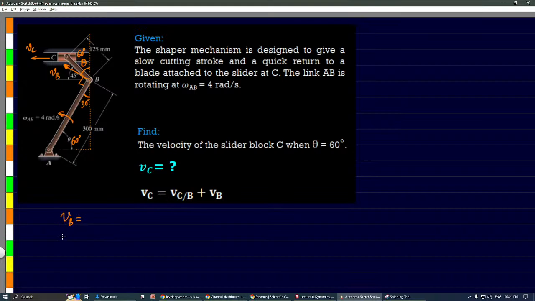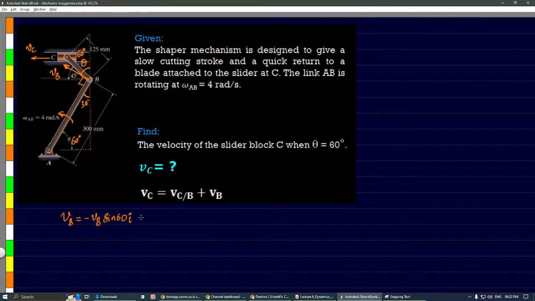VB, with vertical the angle is 60 degrees. So if you want the x component, what will be the x component? X component will be minus VB into sine 60, multiplied with i.